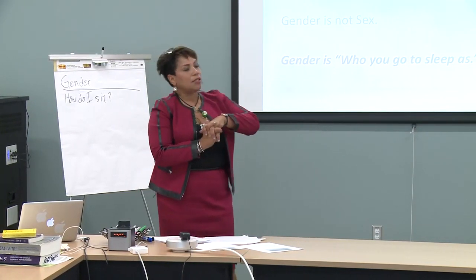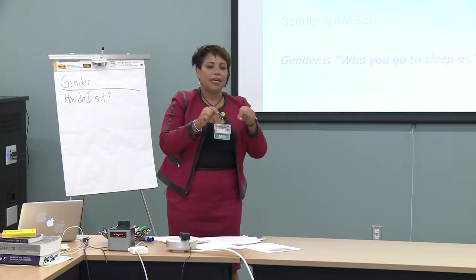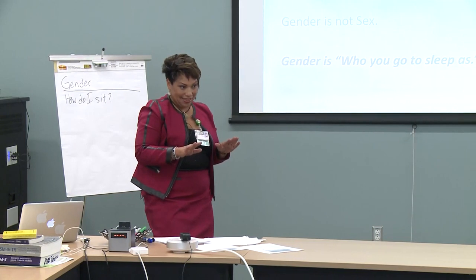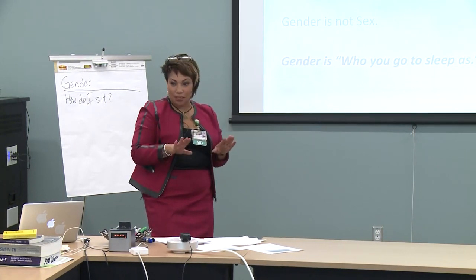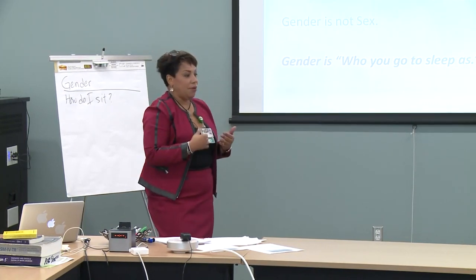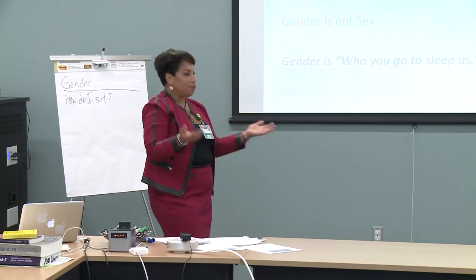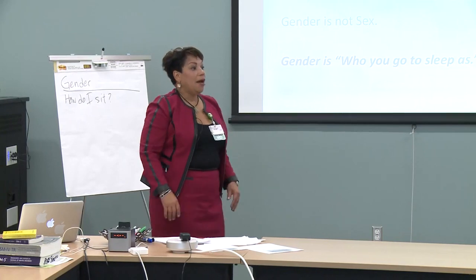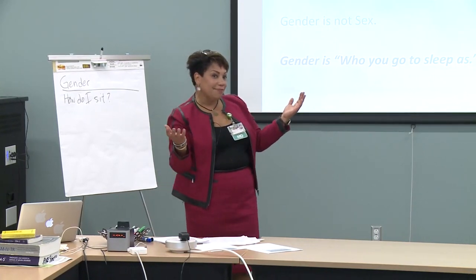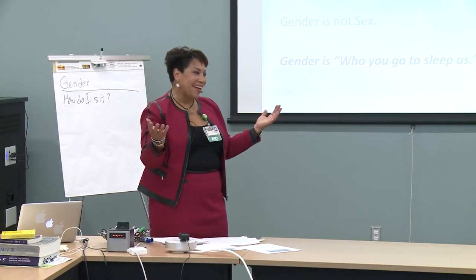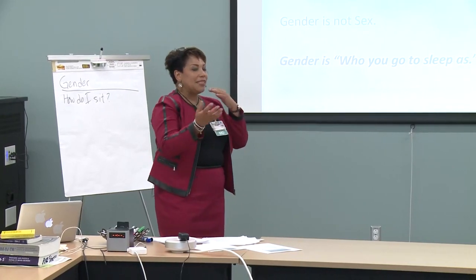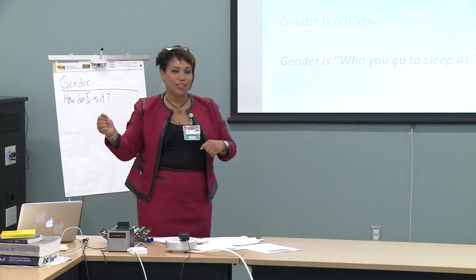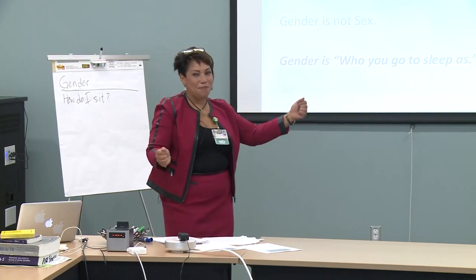So one of the statements was, gender is who you go to sleep as. Gender is who you go to sleep as, okay? So when you go to sleep at night, Connor said, I'm a boy, okay? His favorite color is green. So we still use these binary terms to talk about gender, maleness, and femaleness.